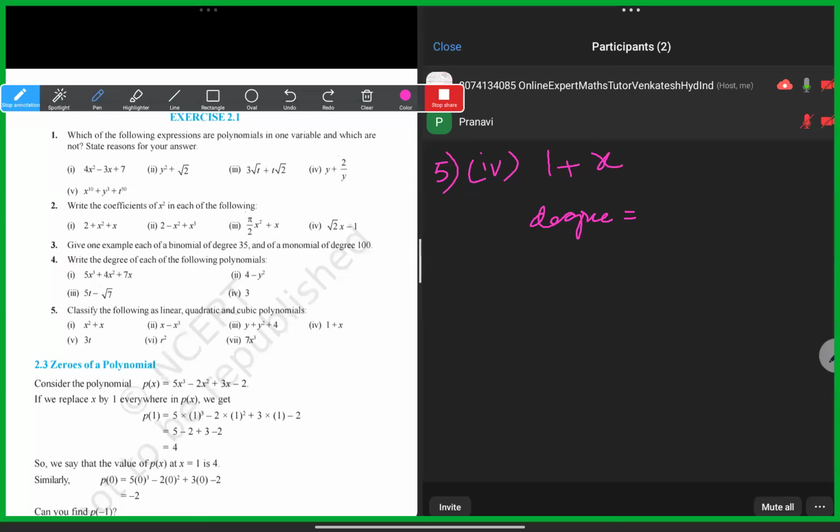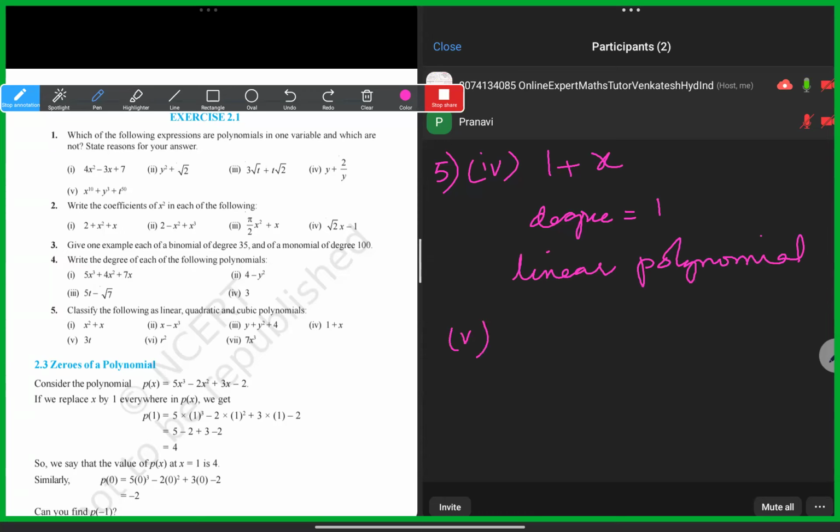We have the variable x in the polynomial, Pranavi. So the degree is how much? 1. So it's a linear polynomial. Yes, degree 1 is a linear polynomial.